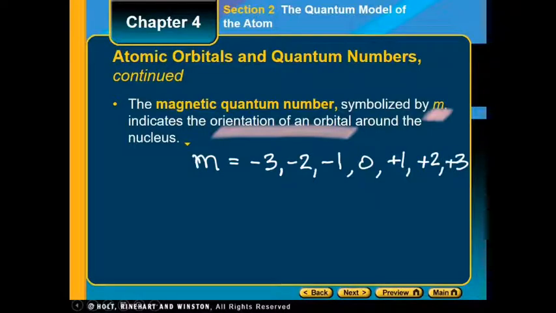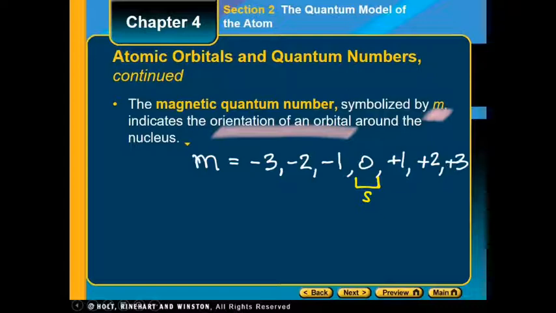And here's how that translates to the other quantum numbers we just looked at. Your s sublevel only had one orbital, and that one orbital will only have one possible value of m, which is 0.